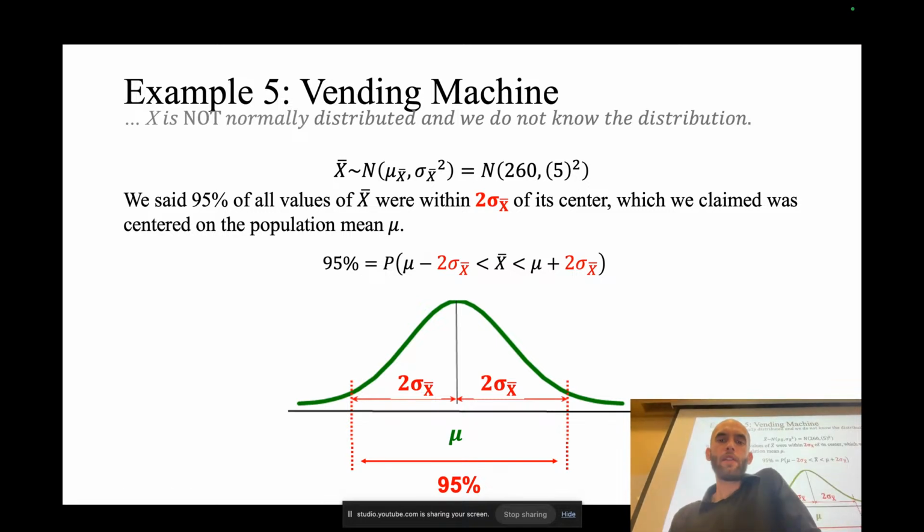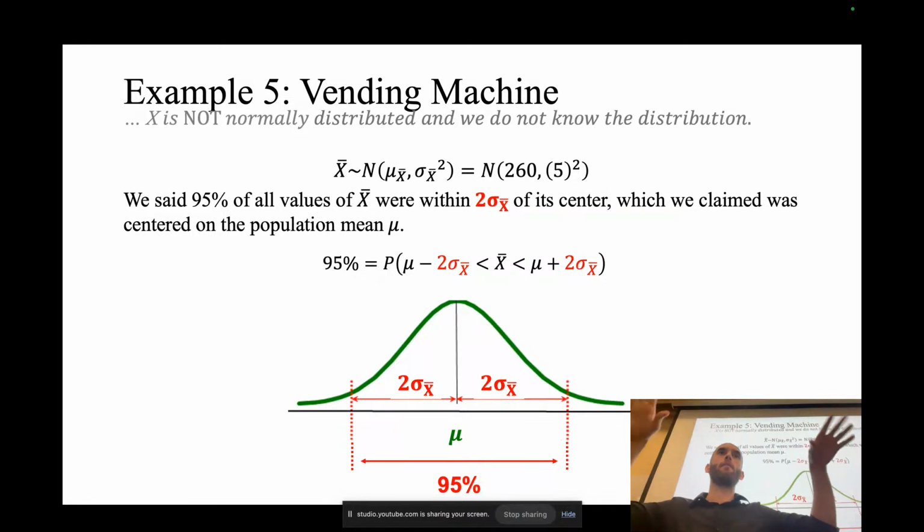Okay, so this is a picture of the types of things we're trying to think about. We said 95% of X bar is within 2 standard deviations of the center, which we're claiming is centered on the population mean. And this is from the central limit theorem, right?